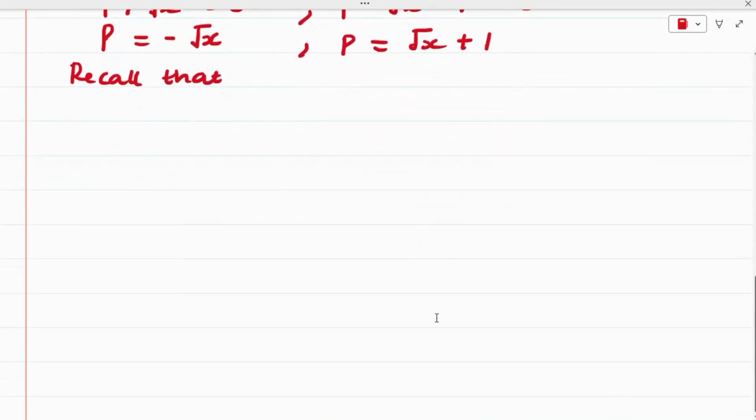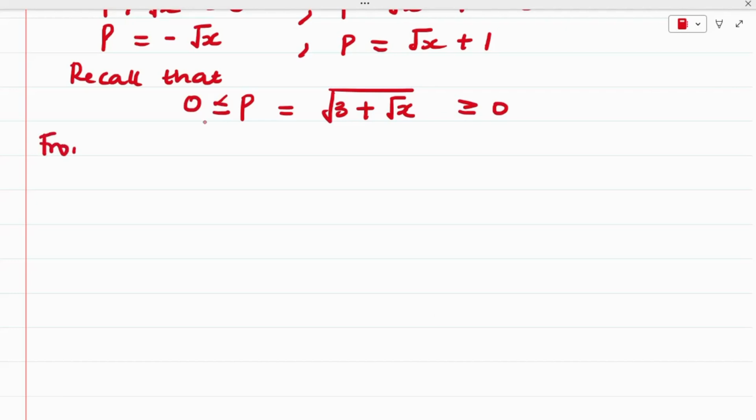Recall that p is equal to the square root of 3 plus the root of x, and from this it shows that p is greater than 0, and the root of x is also greater than or equal to 0. From p equal to negative the root of x, this shows that p is less than or equal to 0. Hence we are going to say that this is invalid. So this equation is invalid.